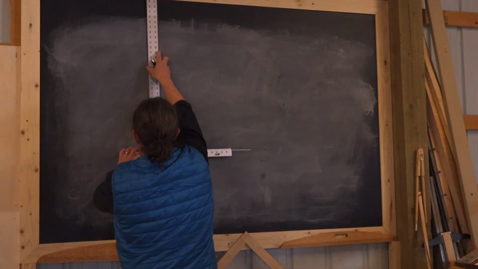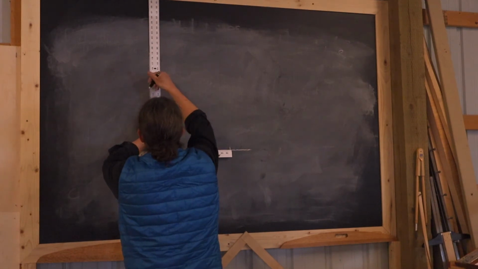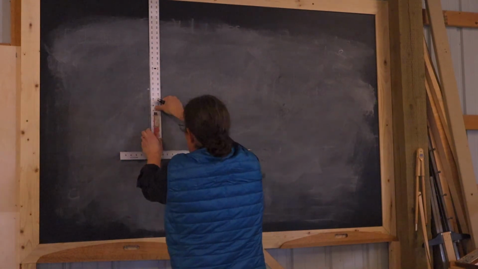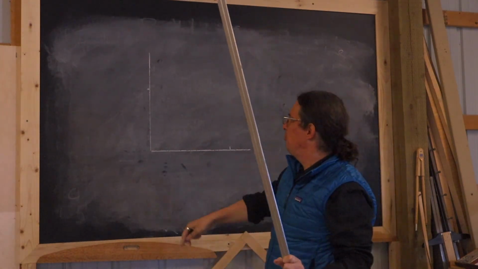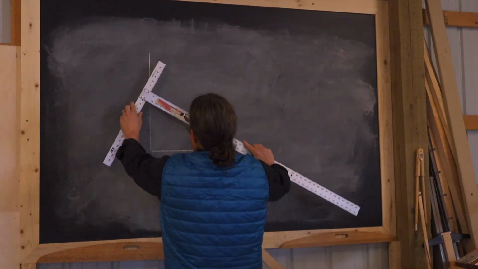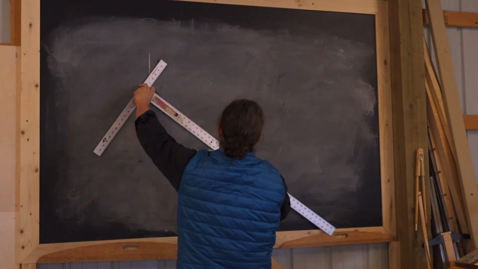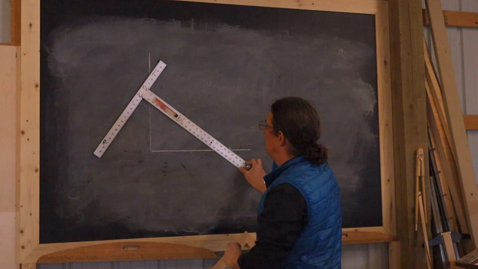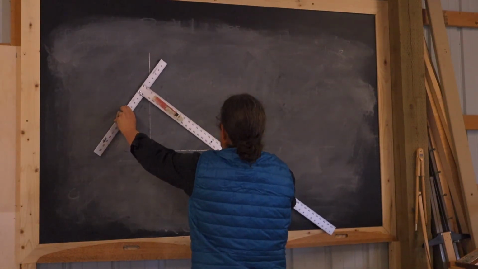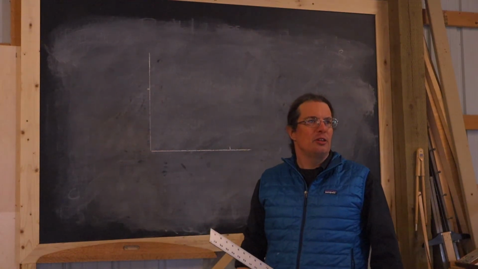I'm going to measure up this leg 12, because that's 3 steps of 4 inches each. So this is 3 steps to 4 steps. And then if I measure the distance from this intersection to here, well, I get out to 20. And that's good because 20 inches is 5 steps of 4 inches. So I've checked that this angle is right using the Pythagorean theorem.